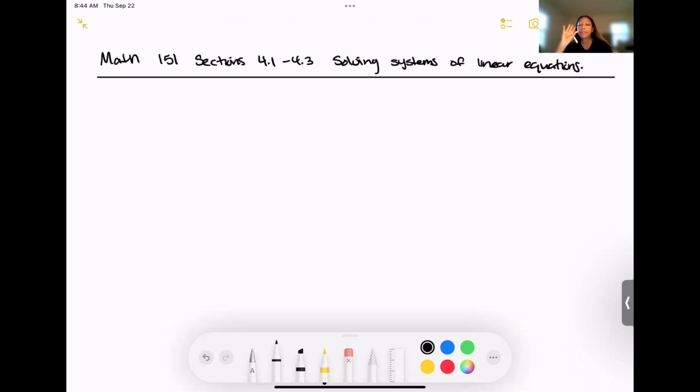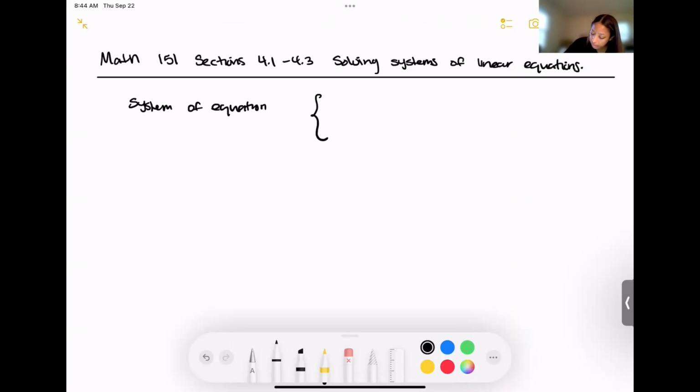So we're trying to find a point or a set of points that will give us a solution to more than one equation, okay? An example of a solution of a 2x2 system of equations. We usually use brackets to hold all of our lines.